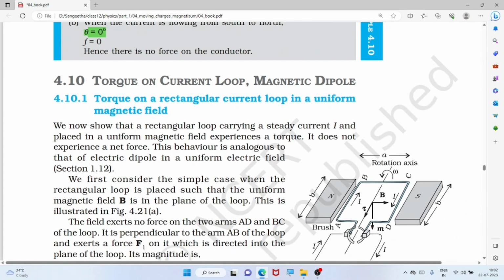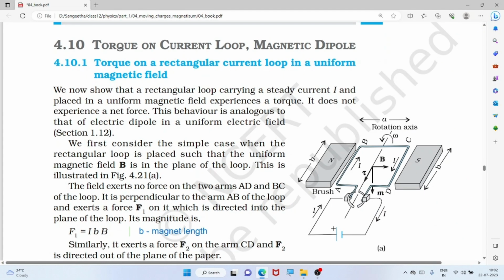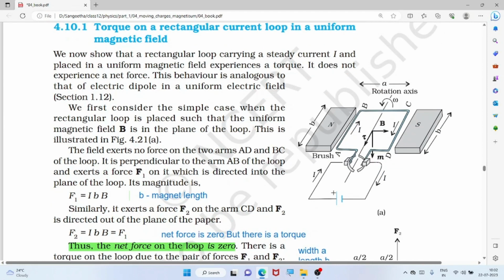Torque on the current loop. So we have a magnetic field and you are placing a current carrying loop, and it will experience a torque.